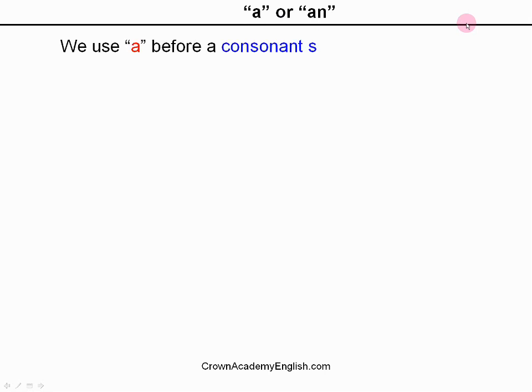Well, the rule is we use a before a consonant sound. A consonant sound. Example, a dog. Dog starts with a consonant sound. A boat.